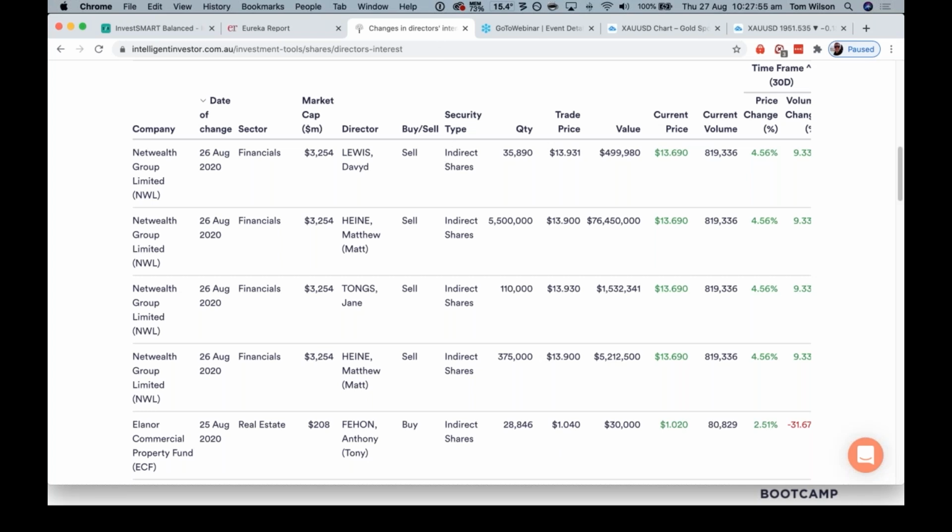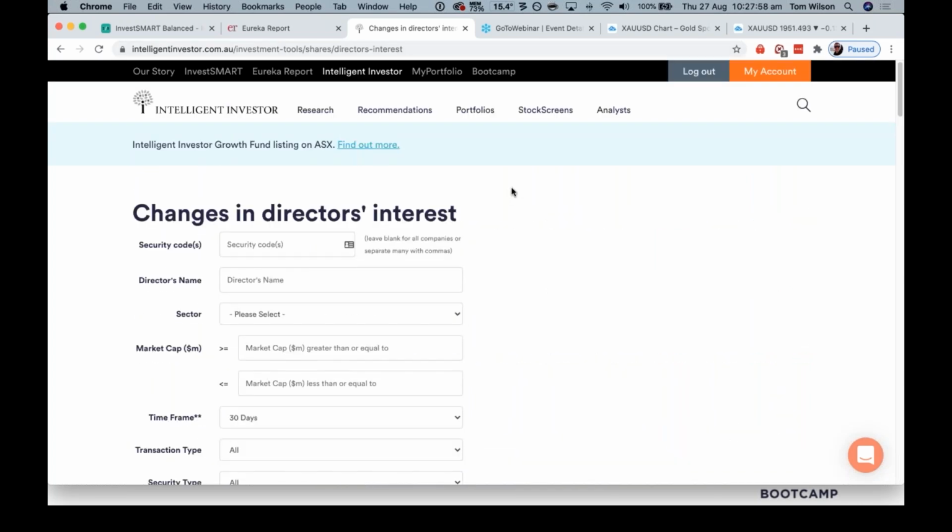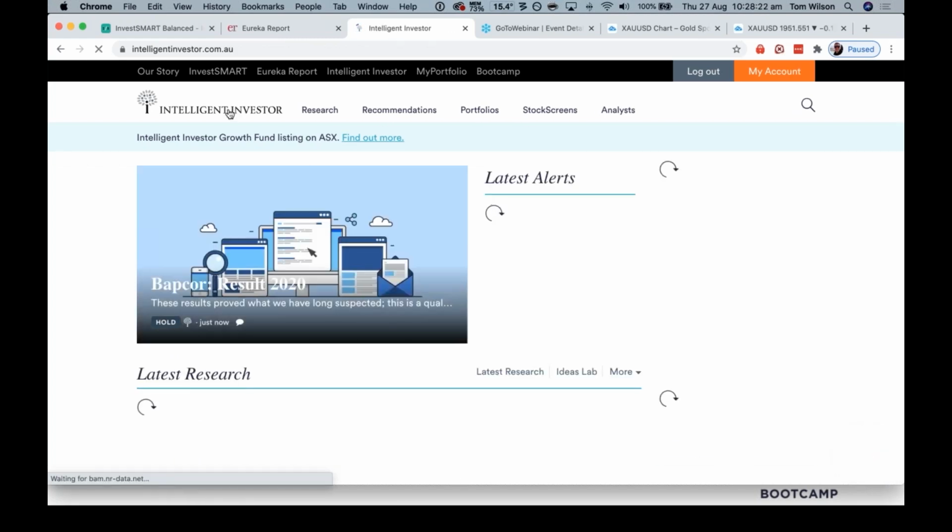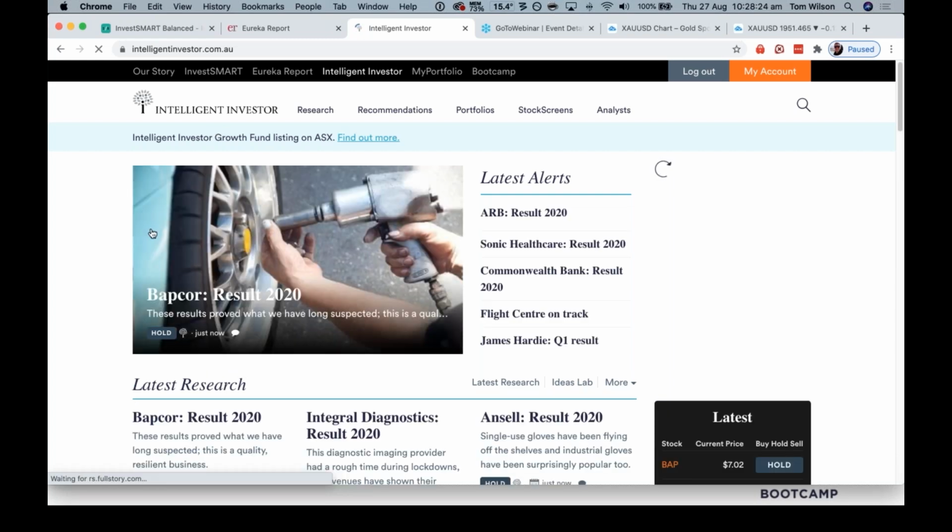They're also looking at things like future free cash flow, which is basically, after all the bills are paid, all their outgoings, all the expenses, how much they actually have to grow the company in terms of retained earnings, so they can reinvest, do research, and then grow. You also want to look at competitive advantages, and this is where having a team of analysts at Intelligent Investor is quite beneficial. So you've got a team of all these guys and girls here.